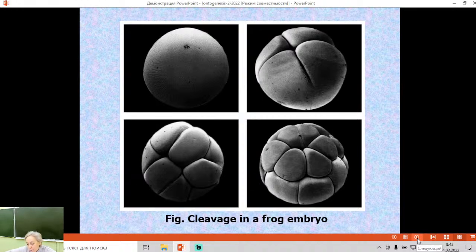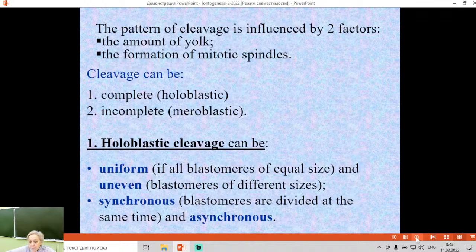To consider more carefully. The pattern of cleavage is influenced by two factors, the amount of yolk and the formation of mitotic spindles. Cleavage can be complete, or holoblastic, and incomplete, or meroblastic.